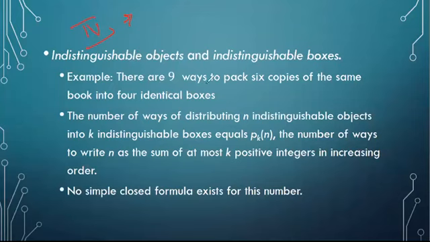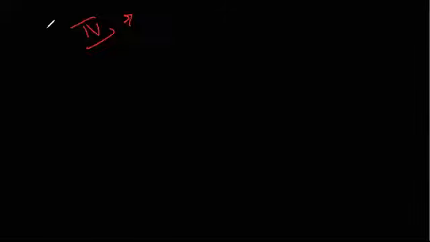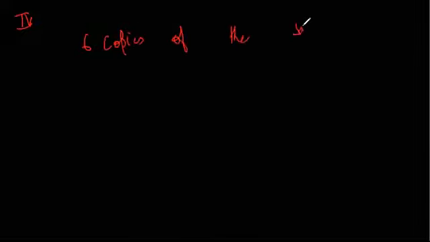For example, there are 9 ways to pack 6 copies of the same book into 4 identical boxes. Let's see this. So over here for the fourth case, we are talking about 6 copies of the same book into 4 similar boxes.